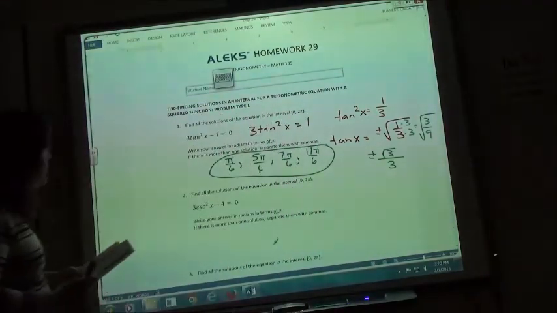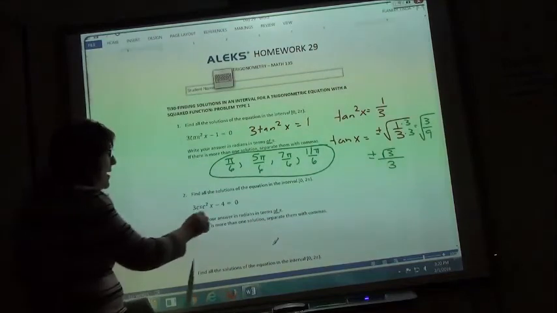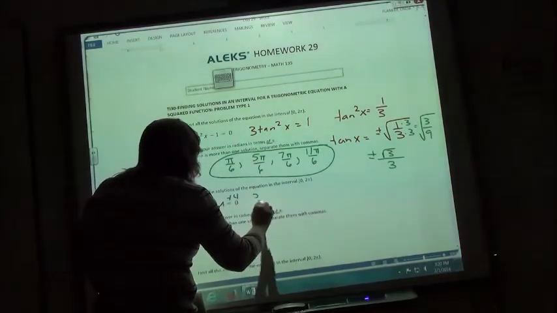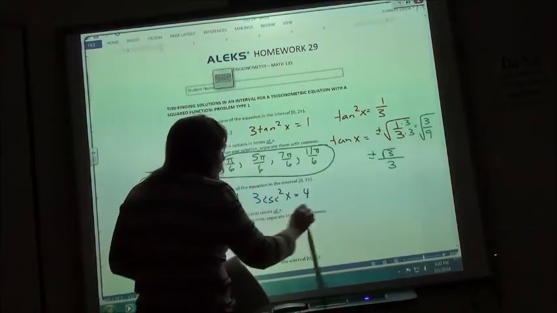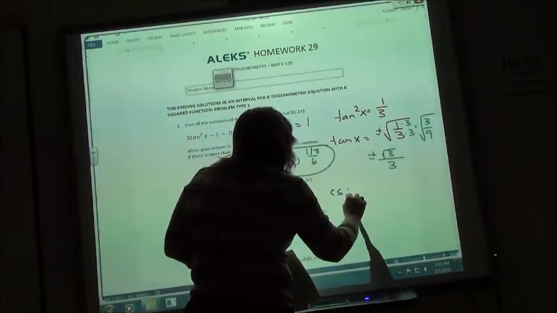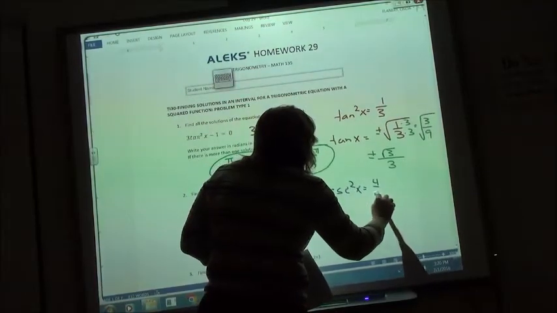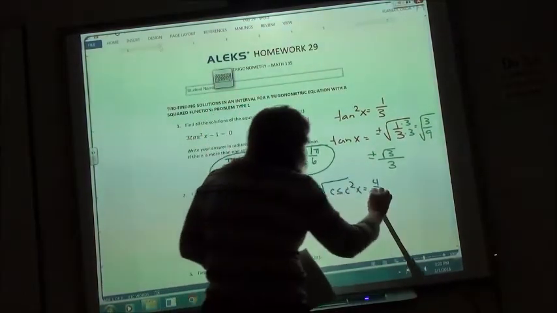Number 2, we are doing cosecant squared of x, same thing. First of all, adding my 4. So 3 cosecant squared of x equals 4. I'm going to divide by my 3. So cosecant squared of x equals 4/3. I then have to do the square root.